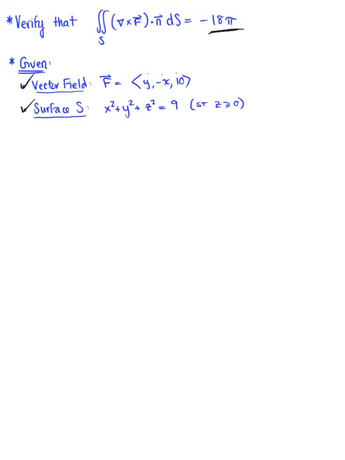Looking at our surface integral here, we need to compute the curl of the vector field, and then we also need to find the normal vector for the standard parameterization of a sphere, here specifically with a radius of 3. So I'm going to start by computing the curl. Let's compute the curl of the vector field, which again is the del operator crossed with the vector field.